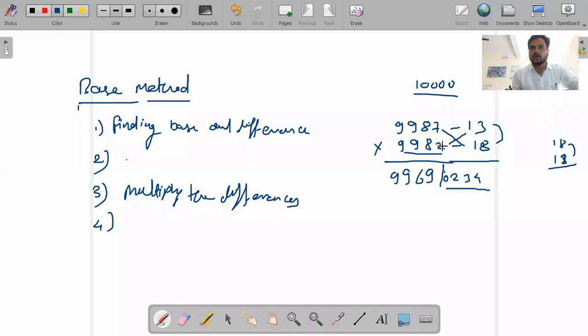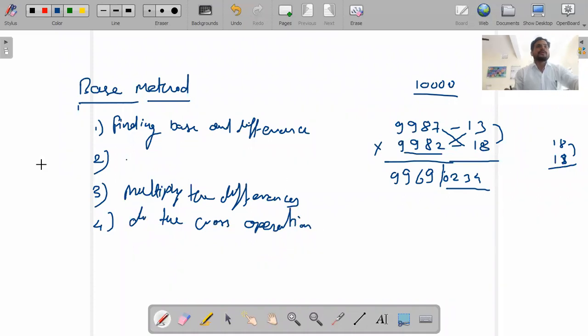The fourth step is the cross operation. Why am I calling it a cross operation? Because if there is a minus sign, you have to subtract this number, and if there is a plus sign, you have to add these two. So the fourth step is to do the cross operation.